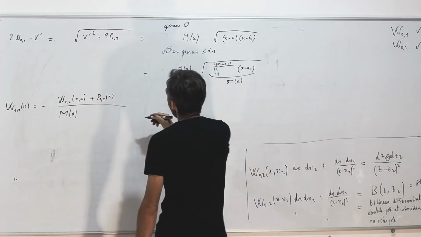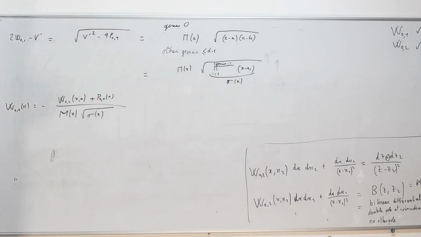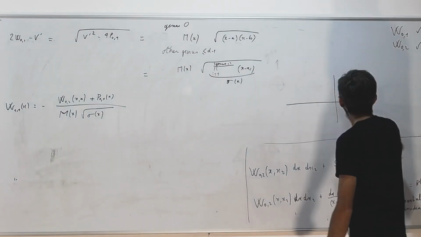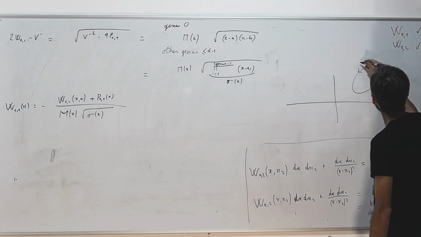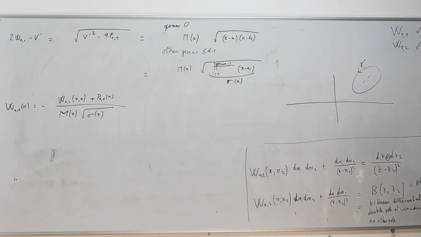So it's m of x square root of sigma of x. And again, you have to remember the cycle integrals condition that whenever in your complex plane you take a contour gamma prime that encircles a region where you should not have eigenvalues, this should give 0.